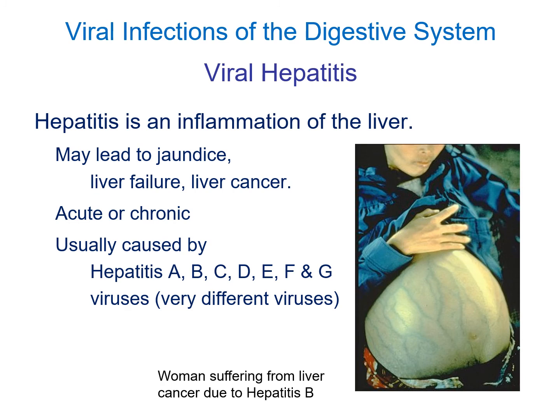What's happening there is your liver plays a number of important roles. One of them is to break down hemoglobin and recycle it. If it's not doing that job because it's being damaged, one of the intermediate products of that breakdown, which is yellow in color, will start to build up in your tissues.